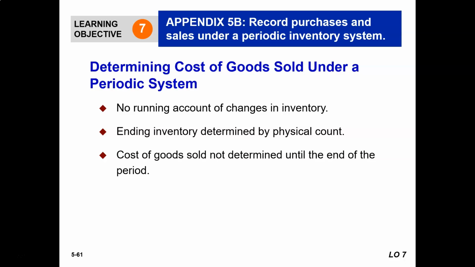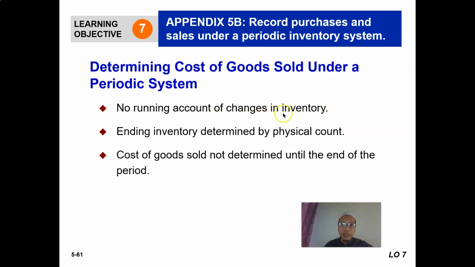In this last video, we will be talking about the periodic inventory system. Things might be slightly different in the periodic inventory system. In terms of recording, it will be quite significantly different. Under the periodic inventory system, there is no running account on changes in inventory.